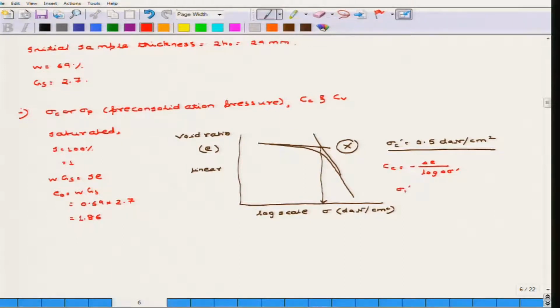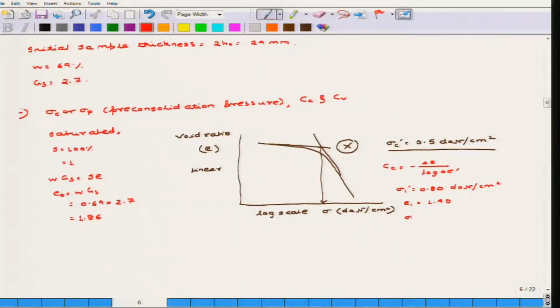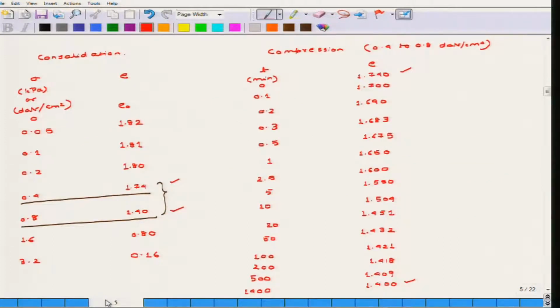So, for sigma 1 dash equal to 0.80 daN per centimeter square, e1 is equal to 1.40, and for sigma 2 dash equal to 3.20 daN per centimeter square, e2 is equal to 0.16. We will take any 2 points after 0.5 daN per centimeter square, that means 0.8, 1.6, 3.2, any of them, to find out the value of Cc.